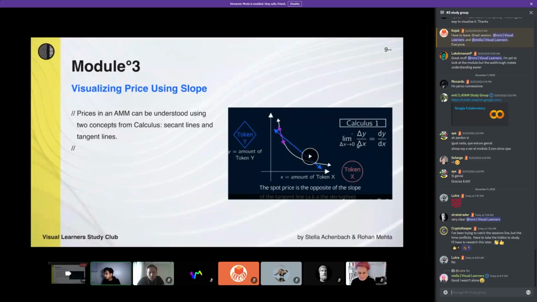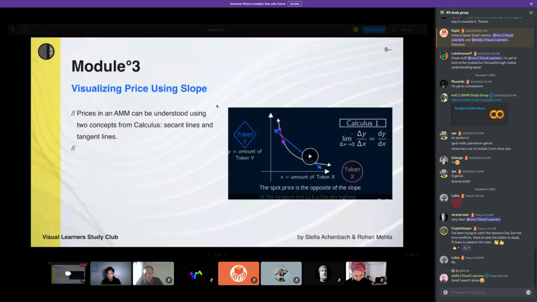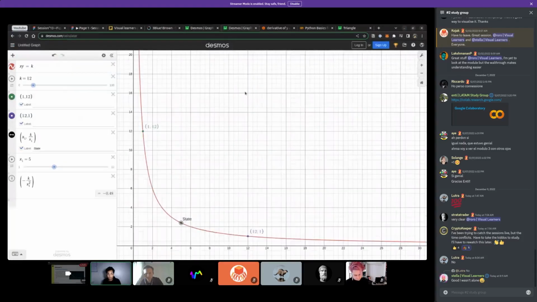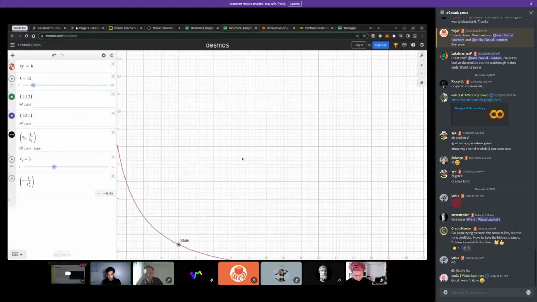The way you should read this is that delta x is tending towards 0. When you're looking at a curve and trying to find the slope, you'll take two different points on the curve. Let me show you, maybe in Desmos. So let's say this is the bonding curve that we have.